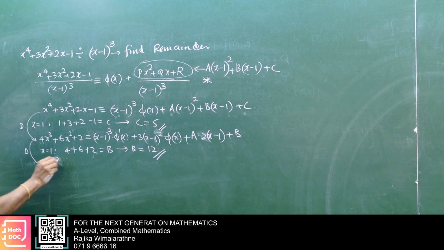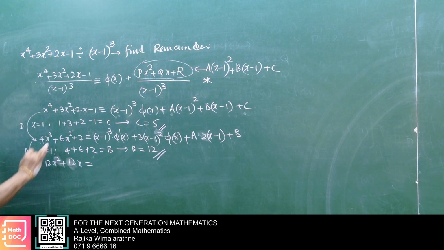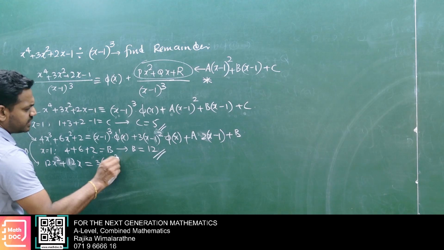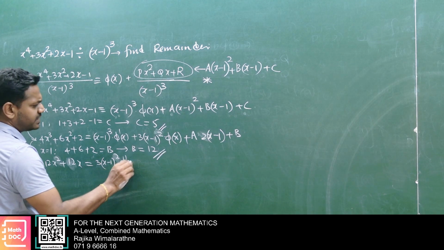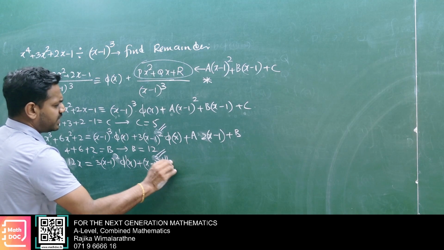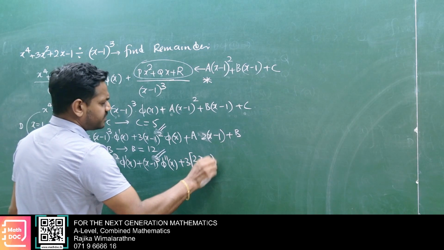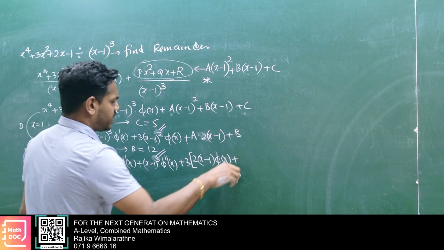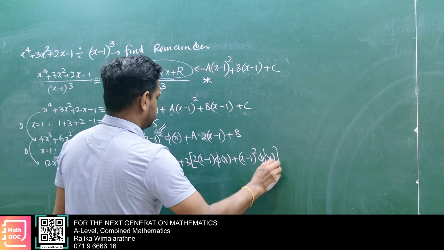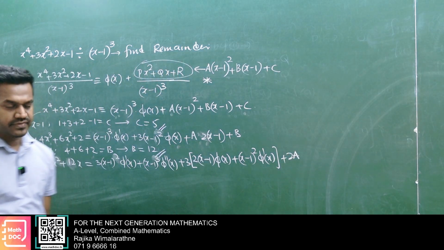12x squared plus 6 equals 12x squared, here 3 times (x minus 1) squared... p double dash x, 3 times 2 times (x minus 1) p(x) plus (x minus 1) squared p dash x plus 2a. Next derivative.